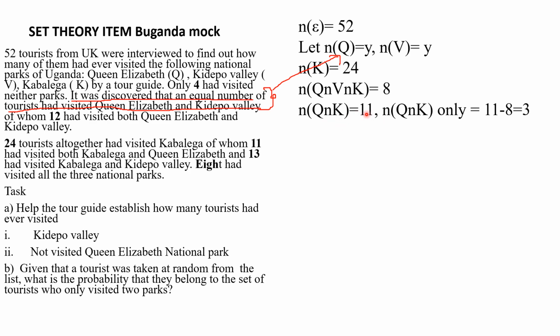You think that whenever you see 11, you are just going to fix it in the region where Q intersection K only is. But in most cases, it's better you start with the intersection of the 3 sets. That's why I'm taking away this 8. Those who had visited Queen Elizabeth and Kabalega were 11, minus these ones who had visited all 3 national parks, which were 8. I get the answer as 3.